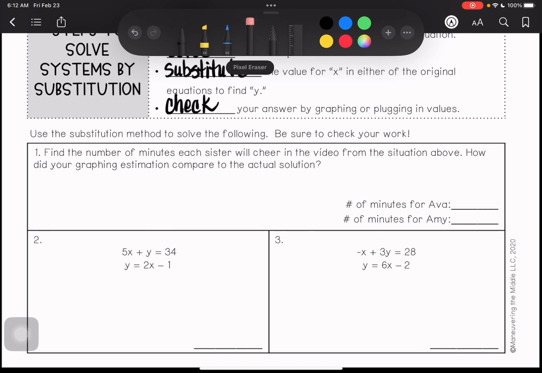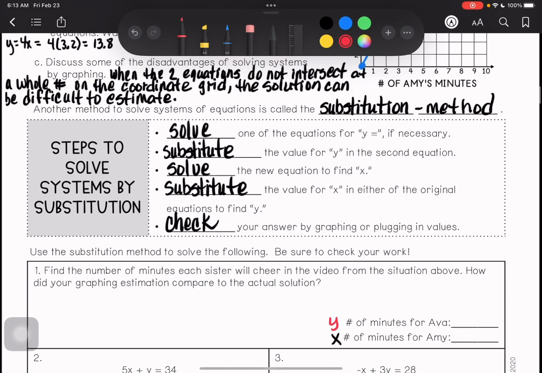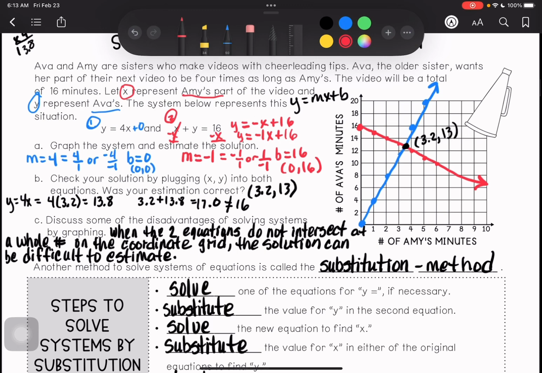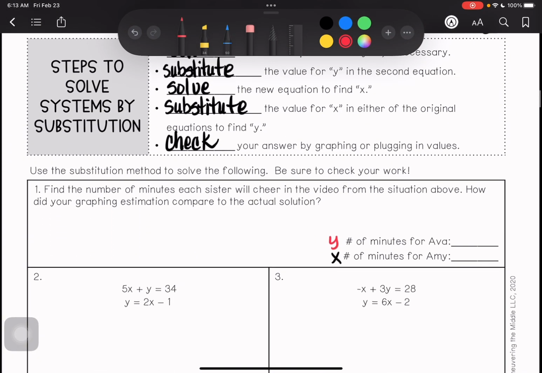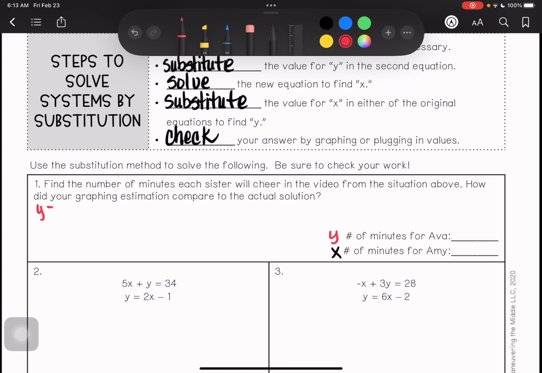Okay, so remember from the equation above, Amy represented x, and Ava represented the value of y. So we're going to find the number of minutes for each video by taking their equations. Remember, Ava's equation was y equals 4x. So we have y equals 4x. And then the other equation was x plus y equals 16.